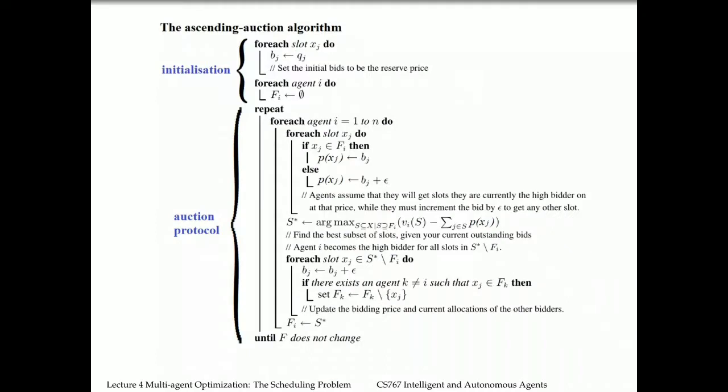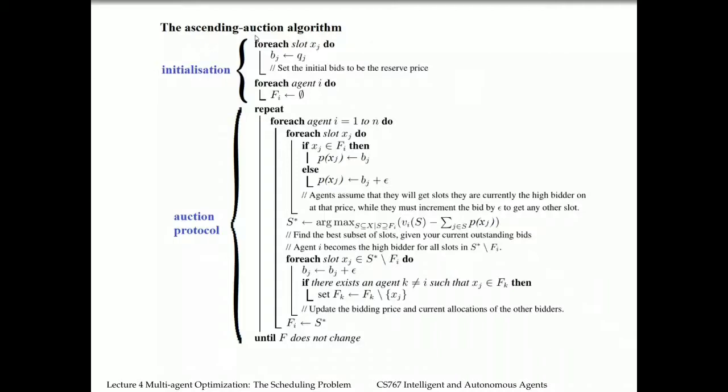So that seems to be a very good mechanism, which leads to competitive equilibrium for quite a general number of cases. So let's describe the algorithm using pseudocode.